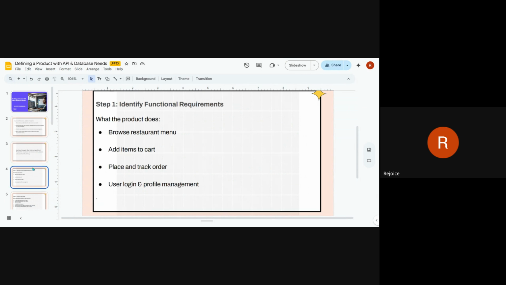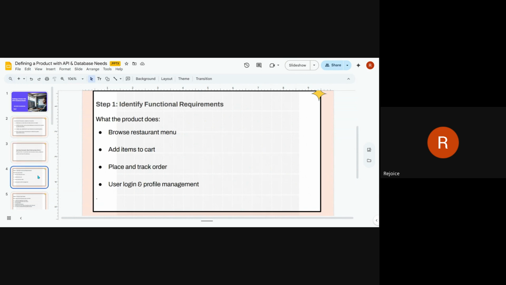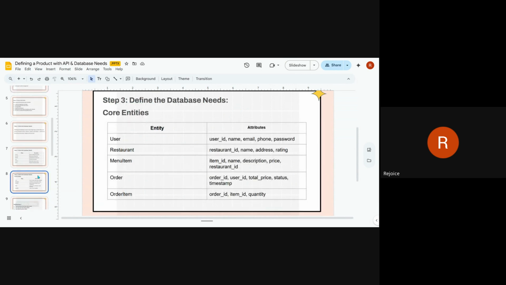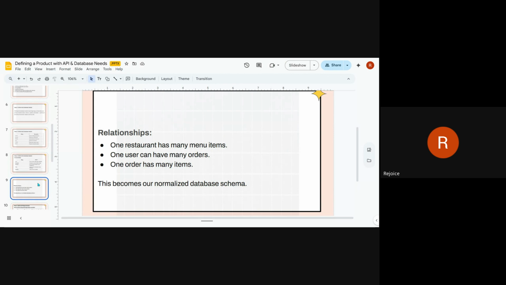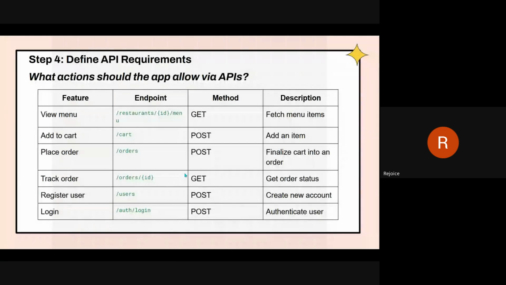Whatever you're building, you are within the confines of this for now. If you want to expand, you still need to update all of this so that anybody going through it fully understands what is required from them at any given point in time. All right, so what actions should the app allow via API? View menu. This could be an endpoint.